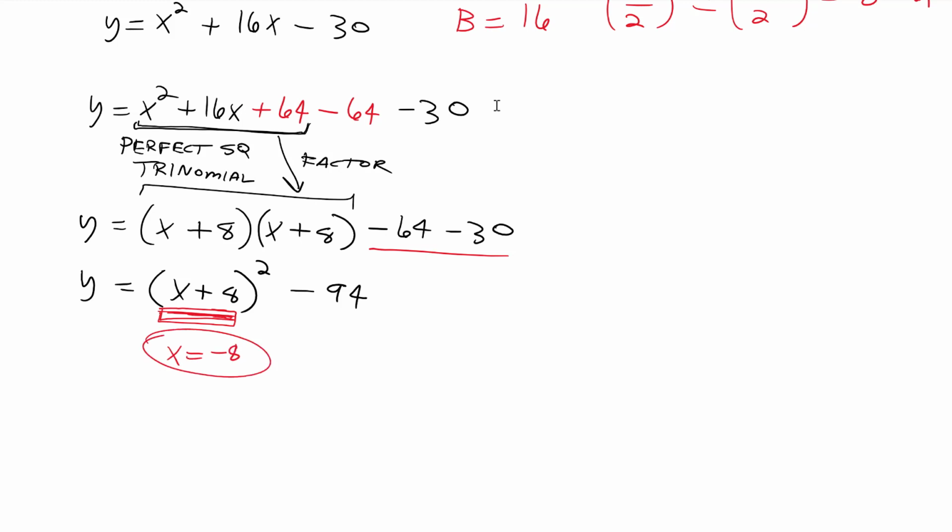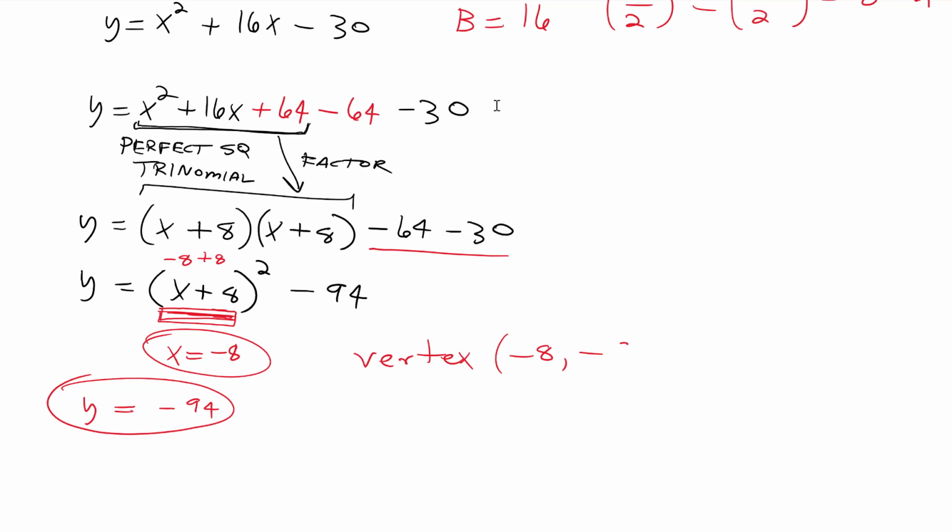Because if we put a negative 8 in here, what we have is negative 8 plus 8, which is 0. 0 squared is 0. So what we were left with is y equal negative 94. And that is the y value. So the vertex is at x equal negative 8, y equal negative 94. That is the vertex.